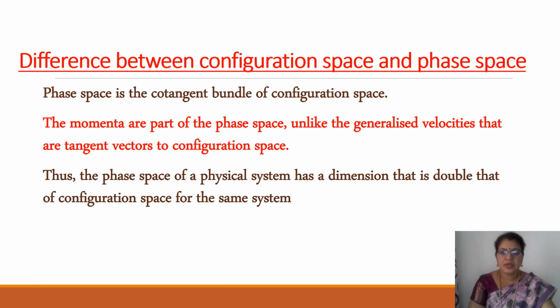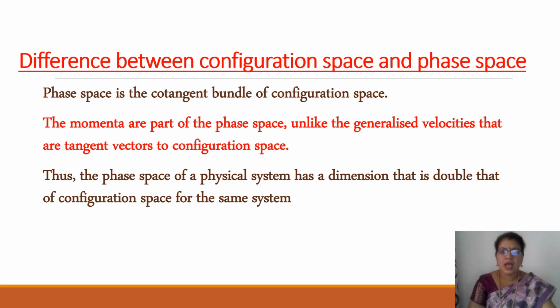So what could be the difference between the configuration space and phase space? We know that configuration space gives the information only about the position. In order to have velocity, we should have a cotangent bundle of the configuration space, which is nothing but the phase space.